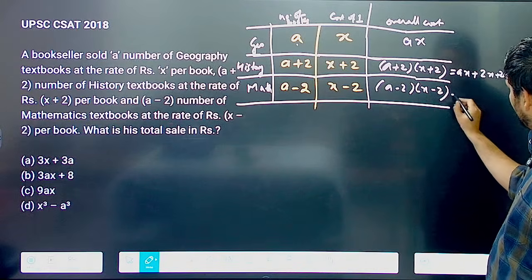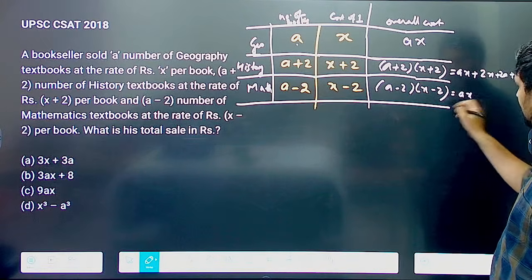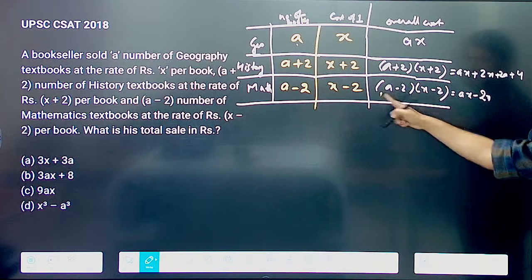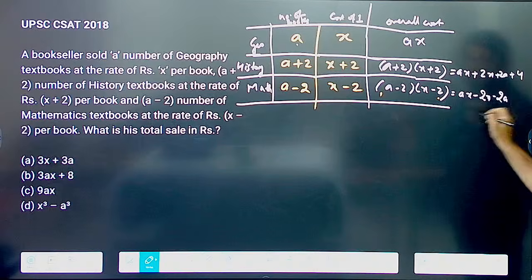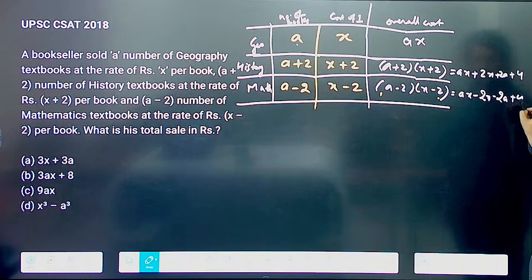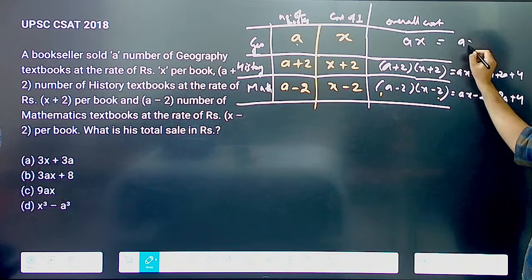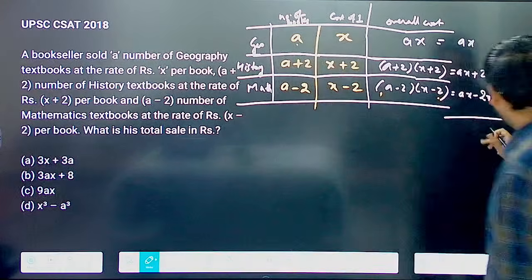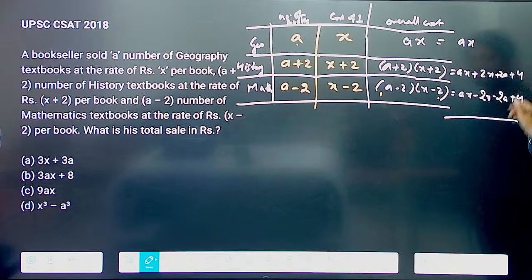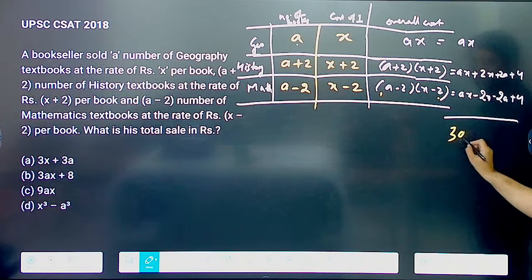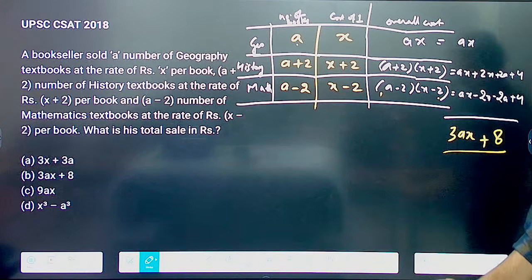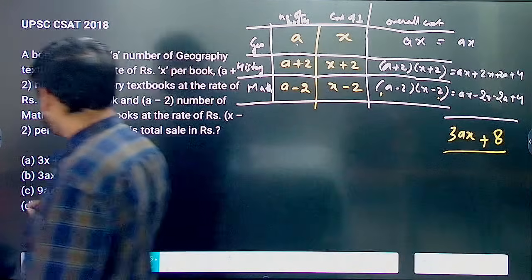Now this one becomes again ax. Now here you will have minus, so minus 2x, then a into minus 2 is minus 2a, minus minus is plus 4. And here you anyway got ax. If you add all of them, now you can very clearly see 2x and 2a will cancel out. You will get 3ax and 4 plus 4 is 8. Now 3ax plus 8 becomes the answer.